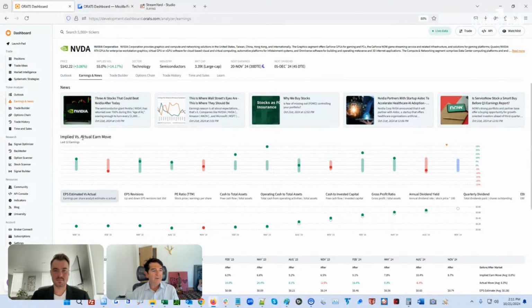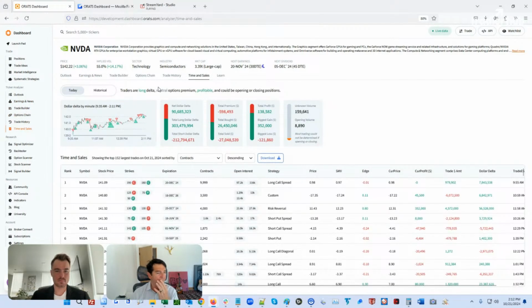Definitely. What we could look at now is the time and sales. I like to take a look at what is going on out there in the market. We look at all these trades, and for example, this is a big call spread that was long delta.